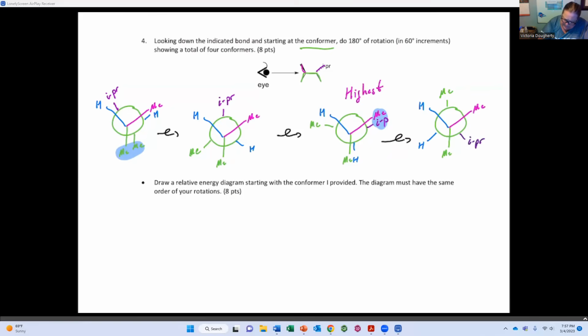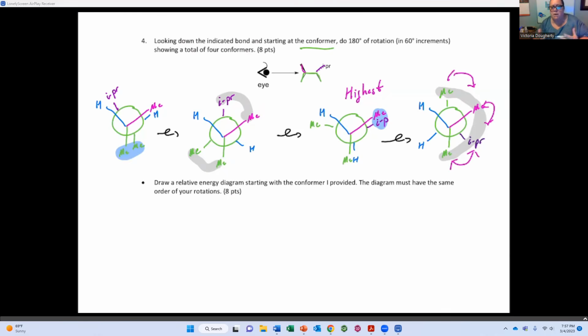In this last conformer I drew, all of my big bulky R groups are gauche to each other. Here I have isopropyl methyl gauche and methyl-methyl gauche, but there I have methyl-methyl, methyl isopropyl, and isopropyl methyl.